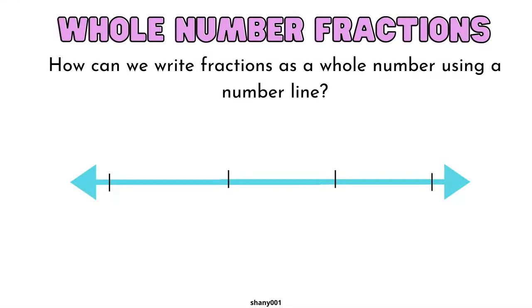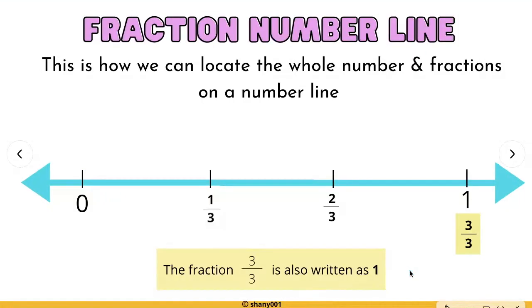Now let's go ahead and look at how we can write fractions as a whole number using a number line. The fraction 3/3 is also written as the number 1. So in this number line, we start with 0. We have 1/3, 2/3, 3/3, but we also can write 1.